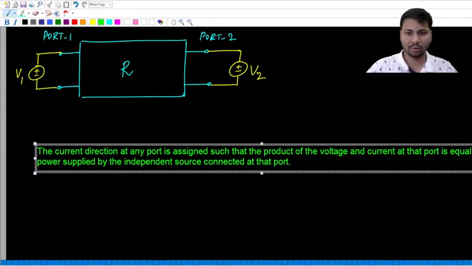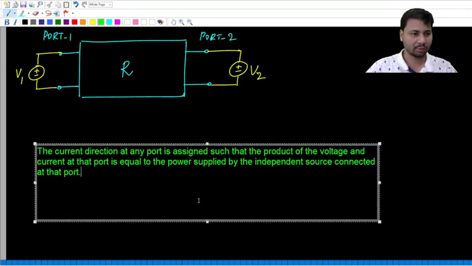So that is how you assign the current direction.